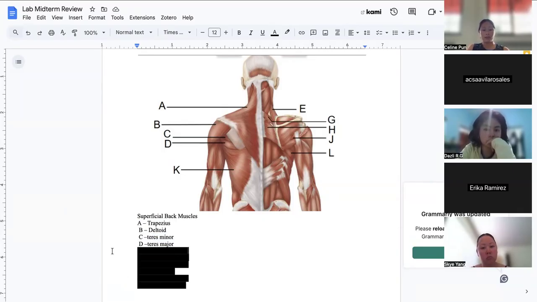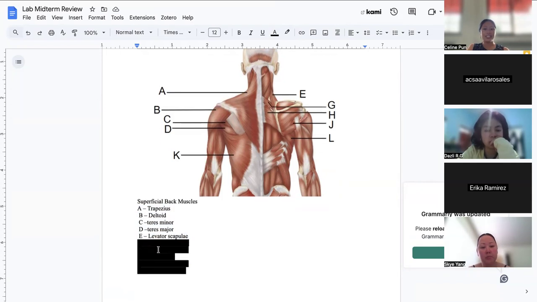It's called the levator scapulae. Sounds like elevator. I was missing F. Okay, G is right here. These two muscles are also another major and minor group. They're your rhomboid. They look like a rhombus.